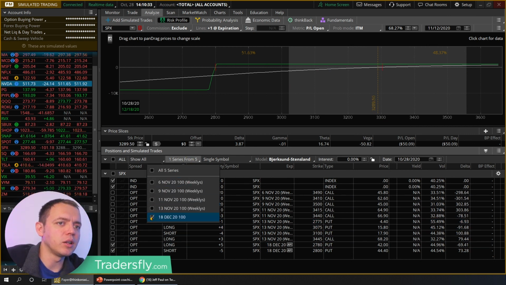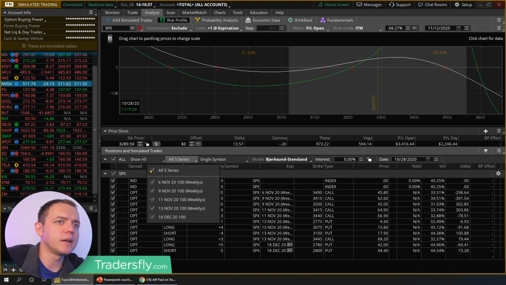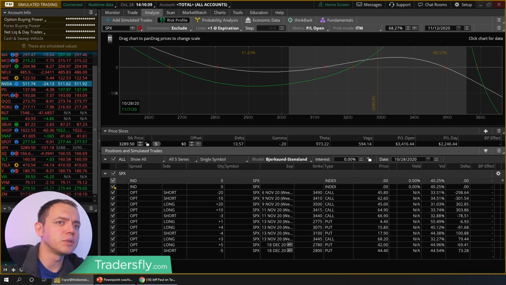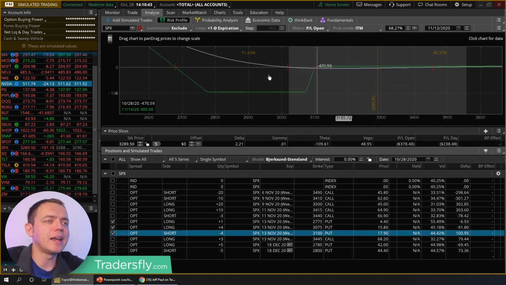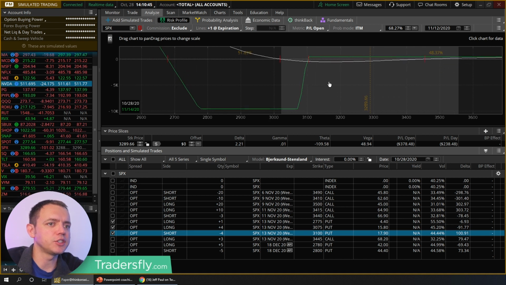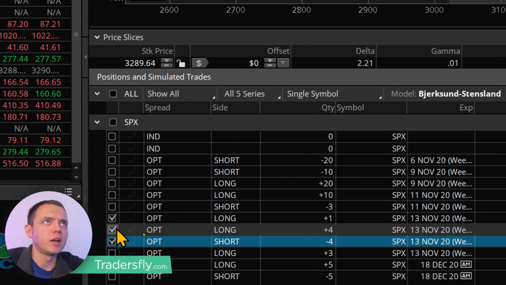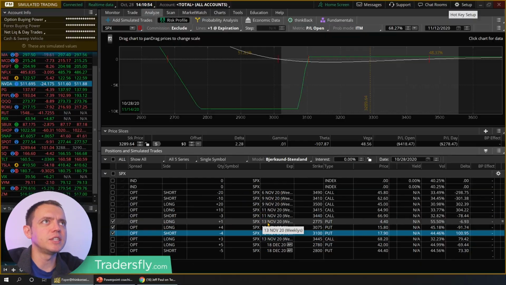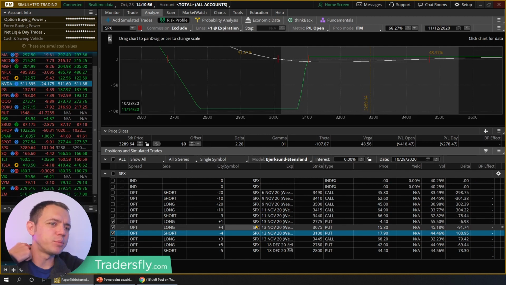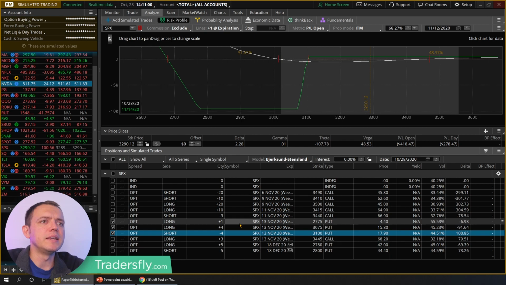So that would be more along the lines of all of these, and we will do 1, 2, 3. So we add that extra put right there for some protection. So it'd be this strategy right there where I'm getting an extra put on that November 13th for that protection. So that's the way I would probably approach it in that case.